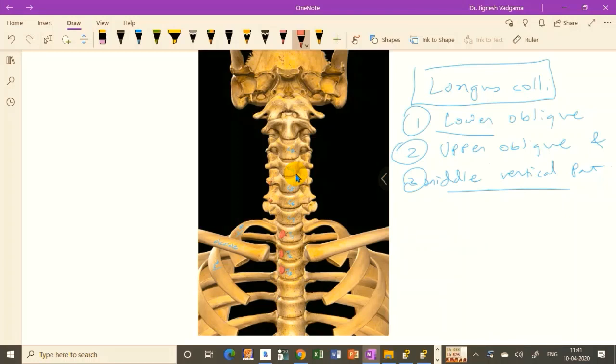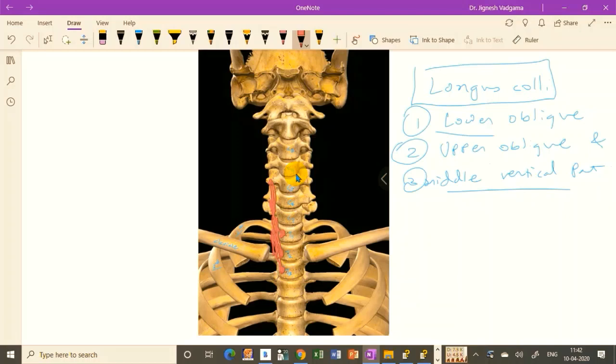But where exactly? Into the transverse process. But where exactly in the transverse process? In the anterior tubercle. So this lower oblique part is going to insert over the anterior tubercle of the transverse process of the C5 and C6 vertebrae. So this is the lower oblique part.